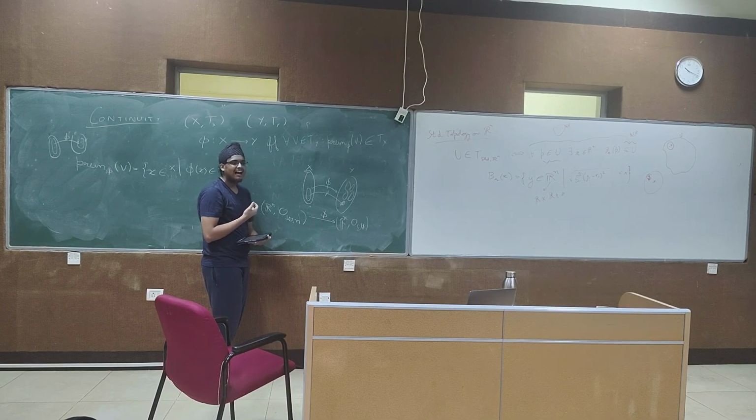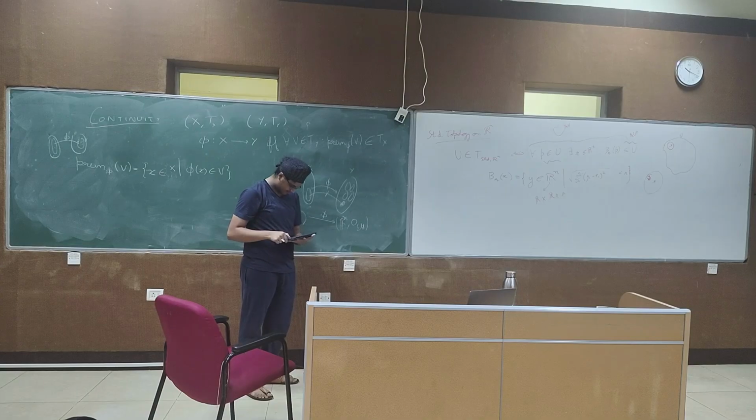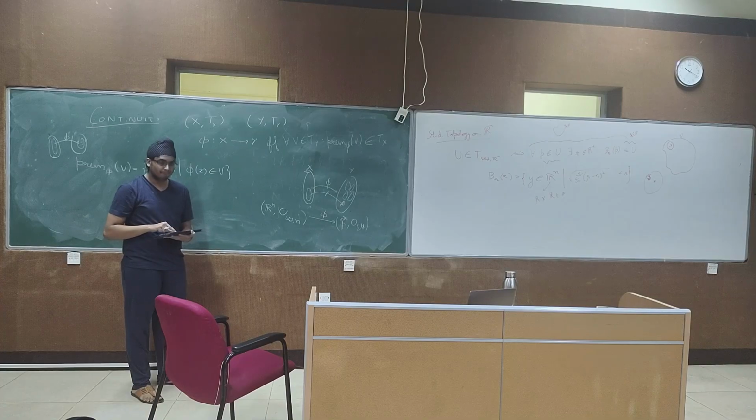That was the point, and I am not going to explicitly prove that because this is not a math course, but I will attach its proof in my notes. So a map is continuous if the pre-image of open sets is open.